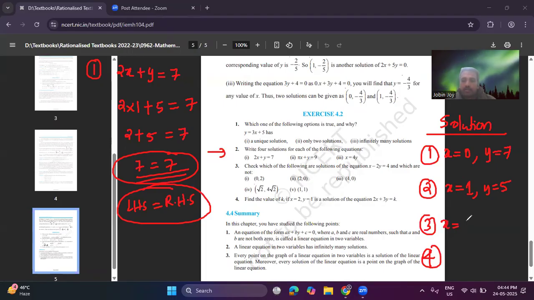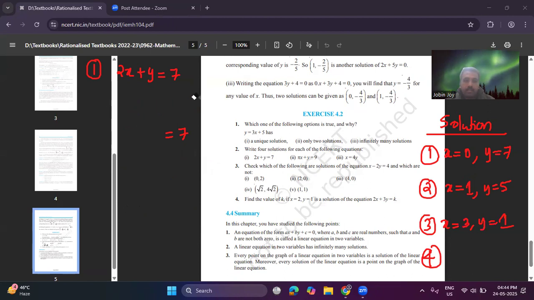Another solution, try this value: x equal to 3, y is equal to 1. X equal to 3, so 2 into 3 plus 1 equal to 7.